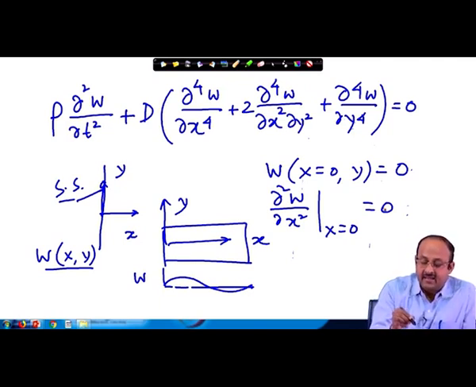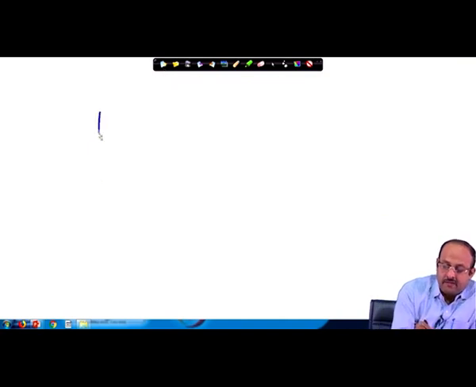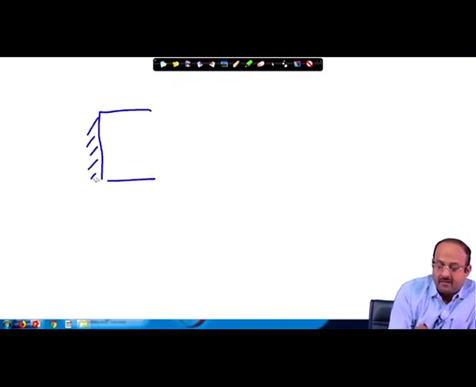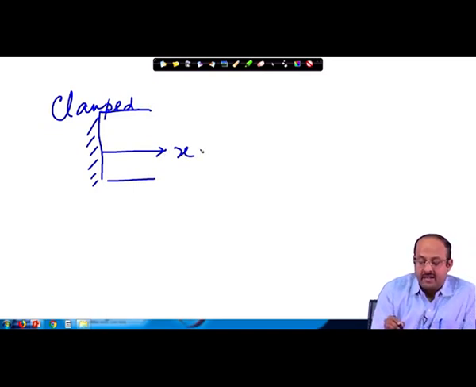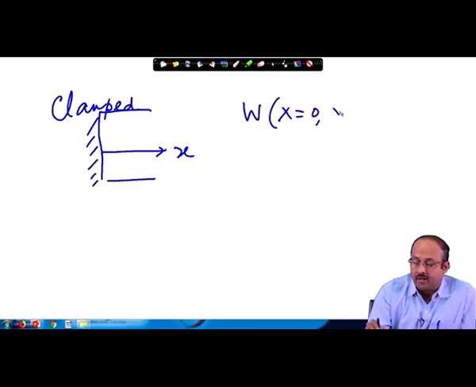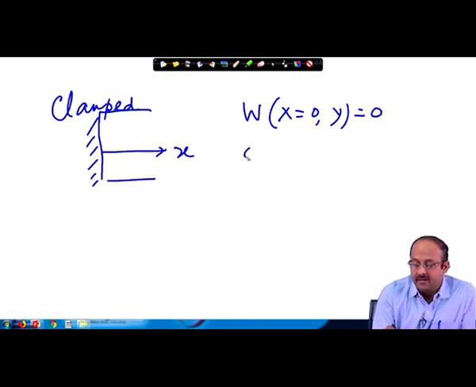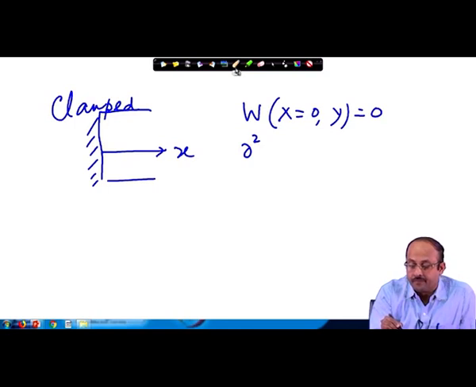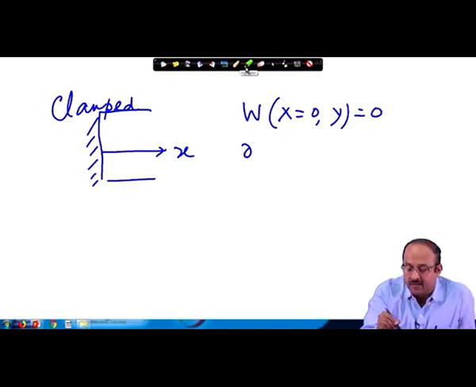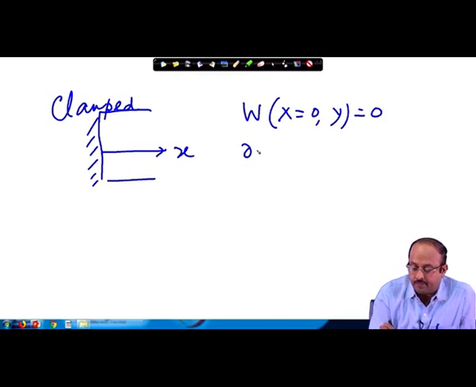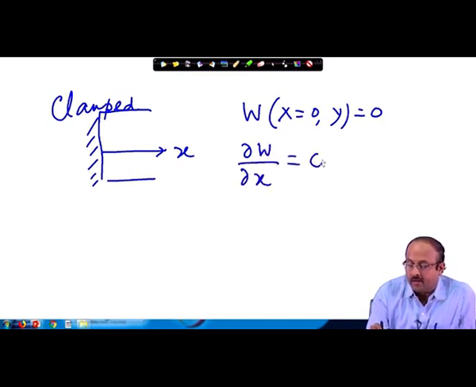If we have other type of boundary condition, so if you consider clamped boundary condition, then we can check that the boundary conditions will lead to W at x equal to 0, y this is equal to 0 naturally, because there is no displacement along that line, and then the slope along this direction will be equal to 0.